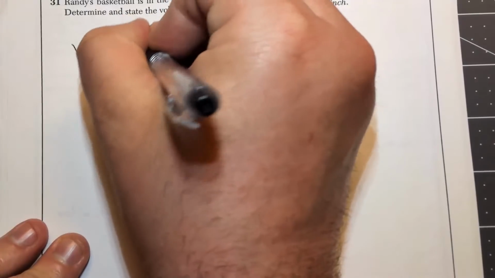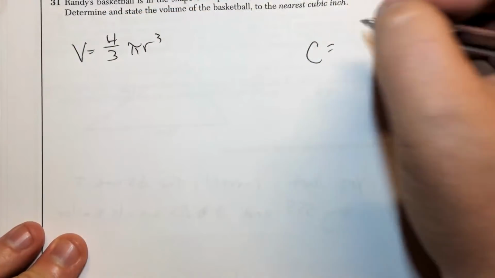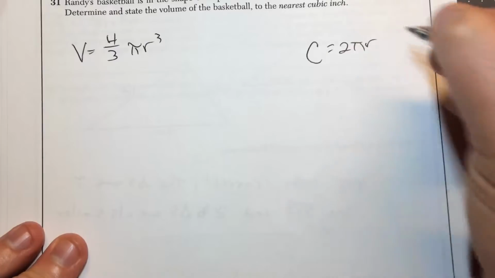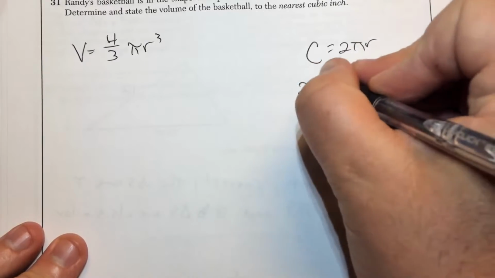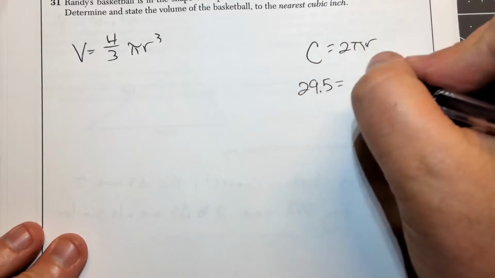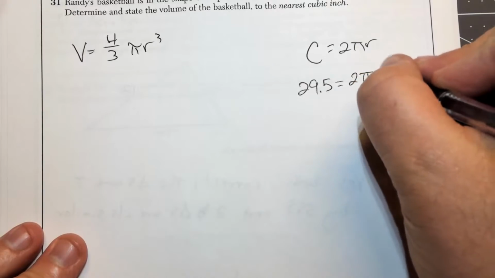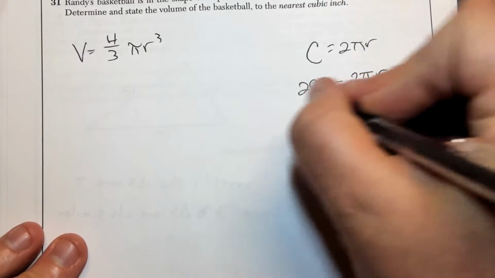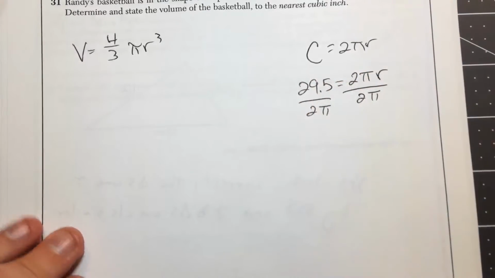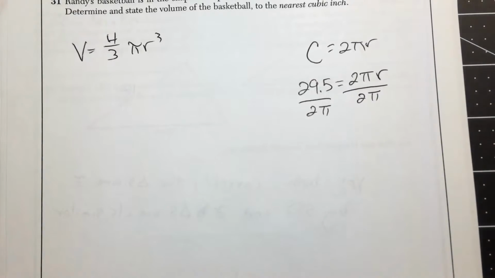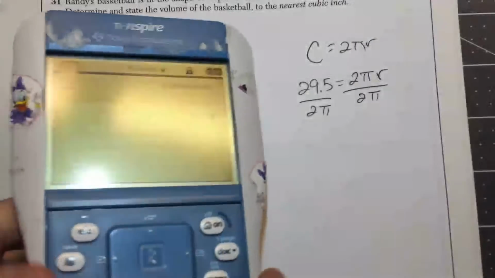The volume is 4/3 pi r cubed. We need r. So C is 2 pi r. This is going to be 29.5 is equal to 2 pi r. So I'm going to divide by 2 pi. Now I'm going to get some crazy number in a minute, so I don't want to use pi in the answer here, guys.